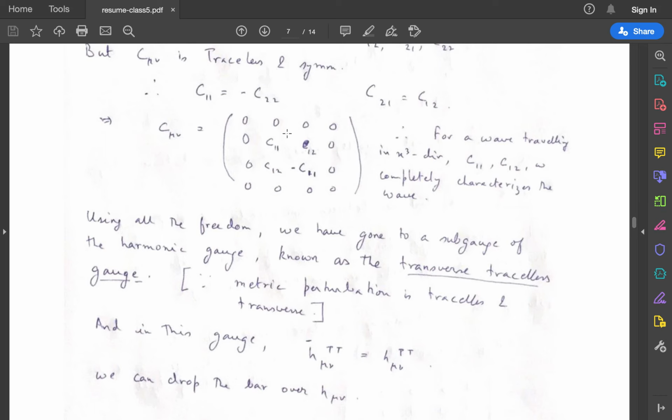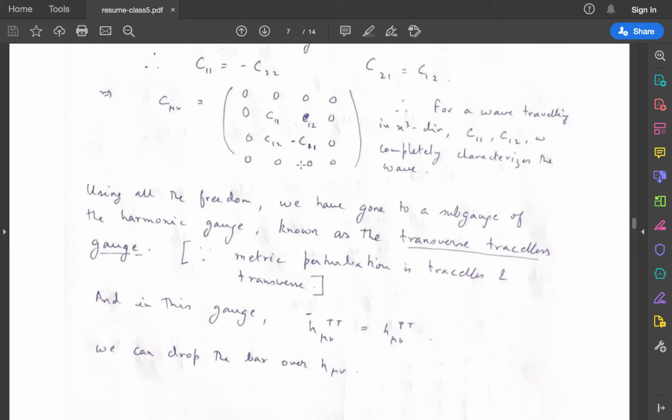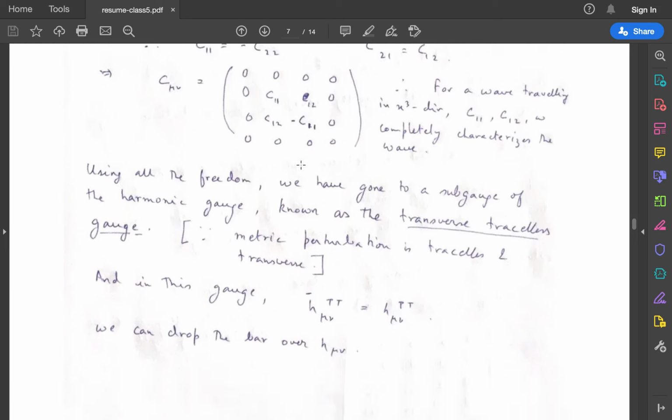You see that if the wave travels in the z direction, and let us say 1 is x and 2 is y, only the components Cxx and Cxy are non-zero, and only these two components specify how the wave will behave. All the nature of the wave is contained in these two C's.